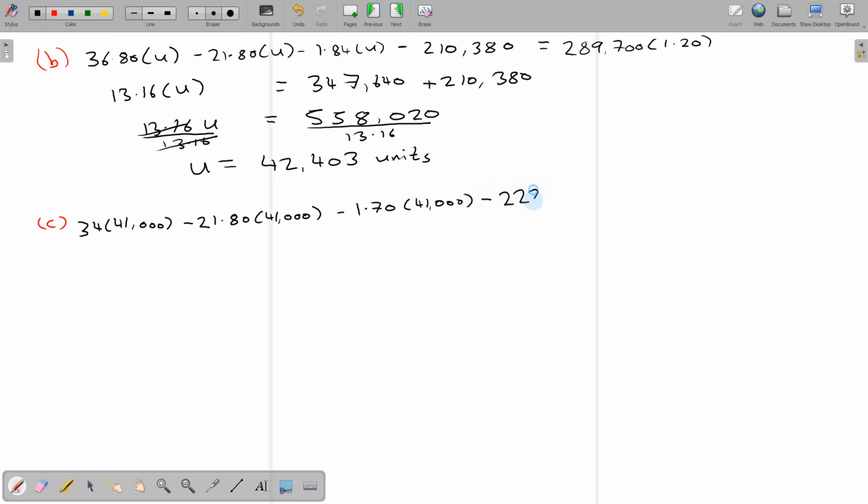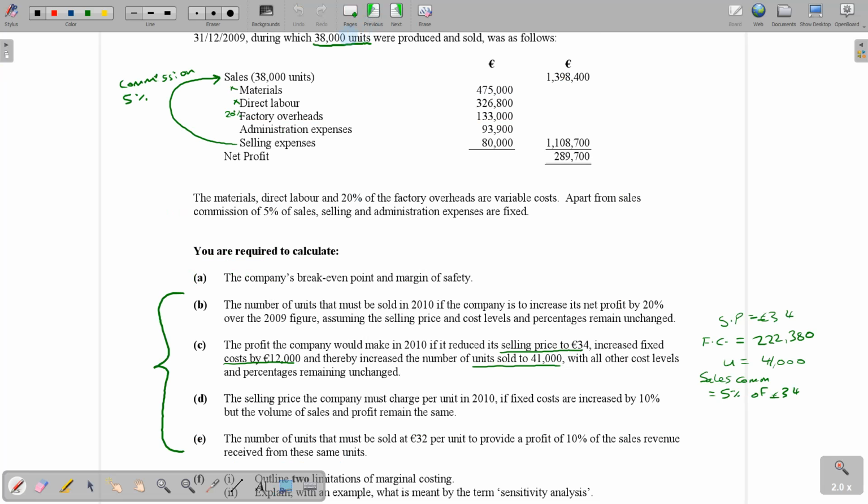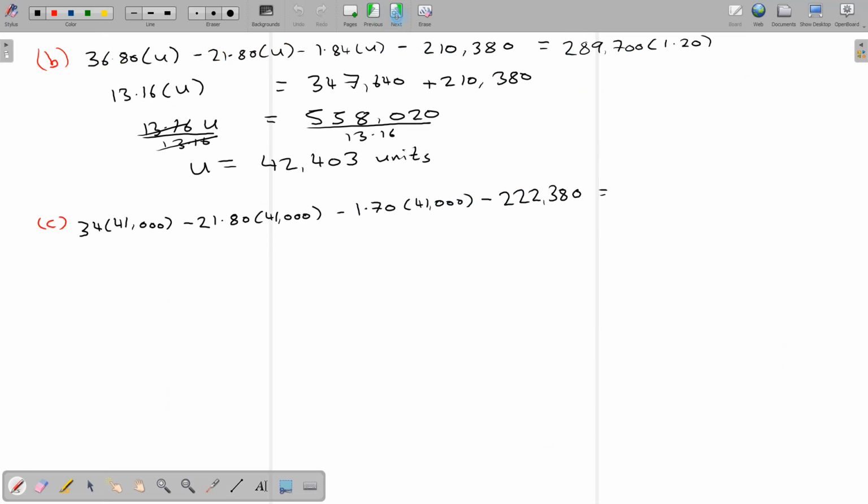And we said that the fixed costs increased. And it says all other levels and percentages remain unchanged. And we have to find profit. So if we put that into our calculator, we can put all these together to get a figure multiplied by 41,000. So 10.50 by 41,000.